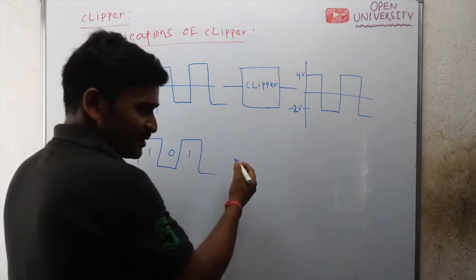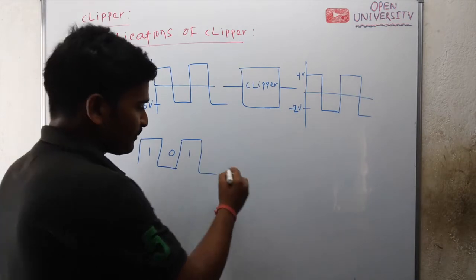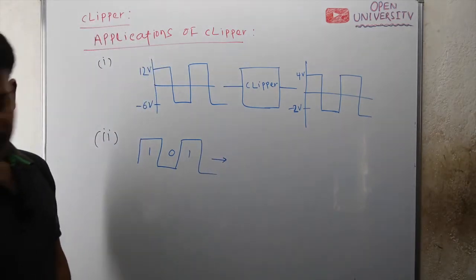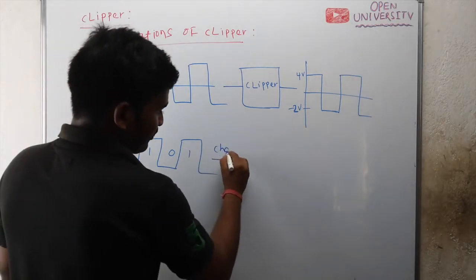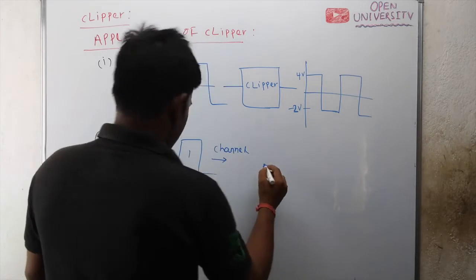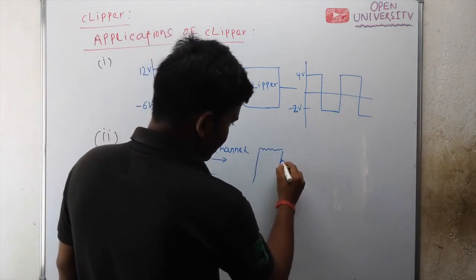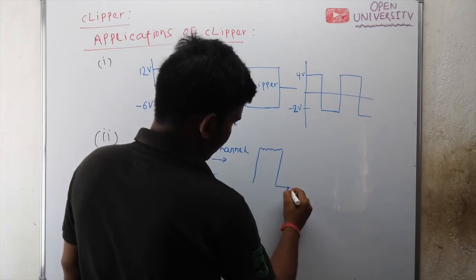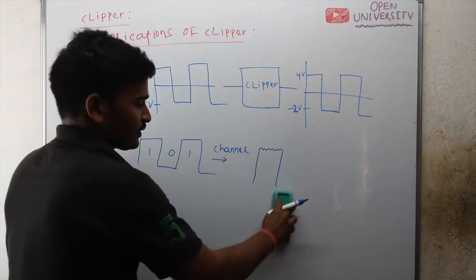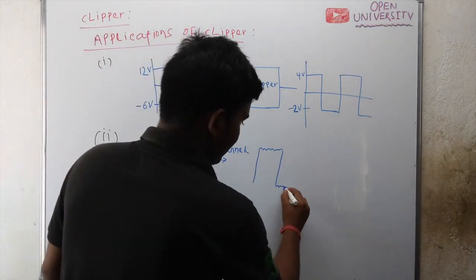Then when you transmit these signals, they will be affected by the noise in the channel, and the output will be something like this. Its amplitude will be affected.